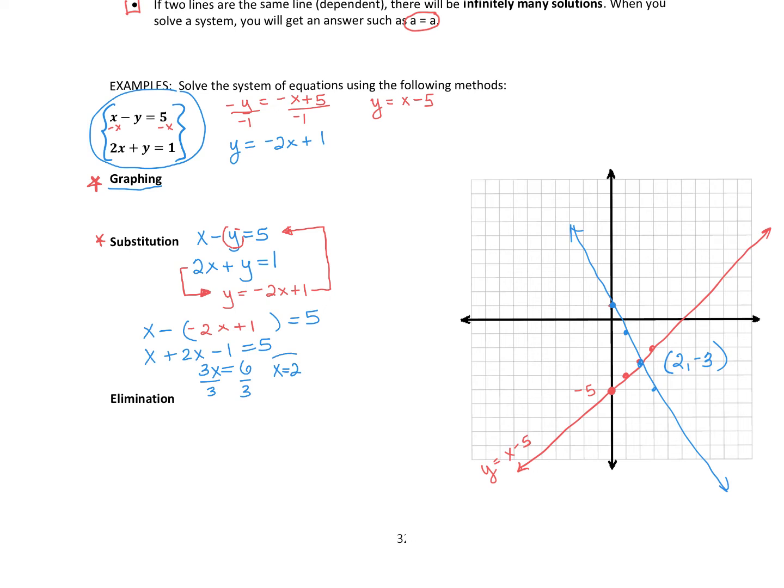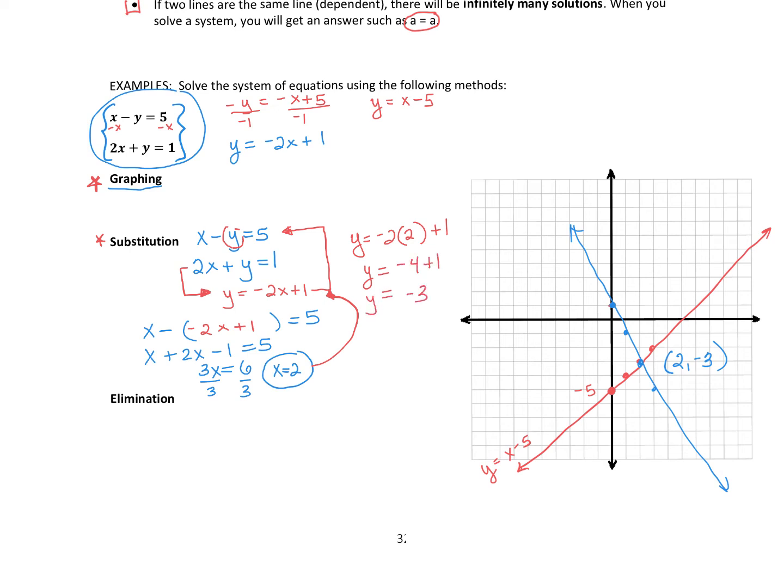Now that is just the first part of the ordered pair. But now if I plug this in to where I solved for y, minus 2, and then we'll replace the x with 2, we'll get -4 plus 1, or -3.